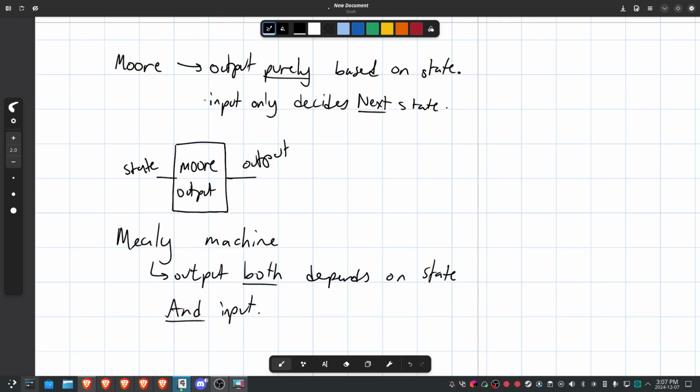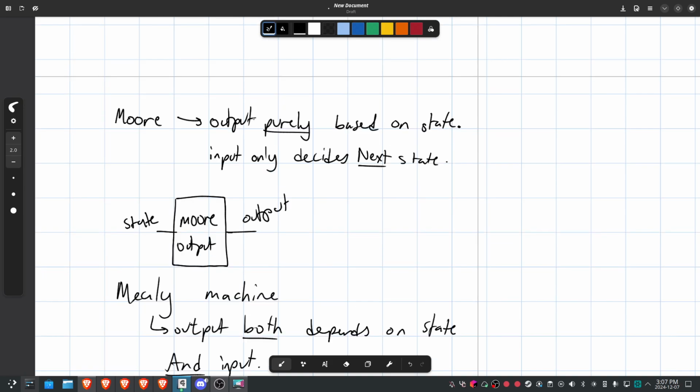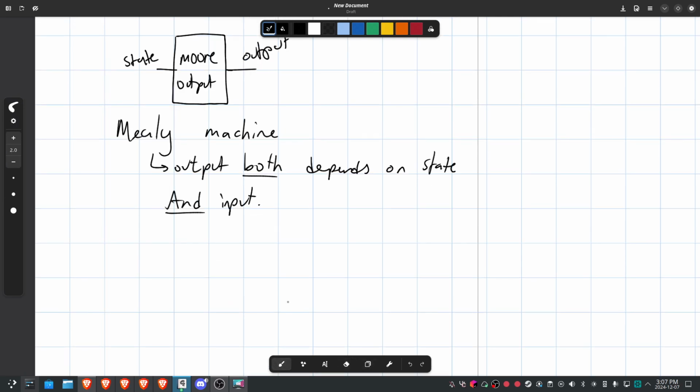So likewise, yeah, that's correct. So input only decides the next state for Moore. It doesn't affect the output. For Mealy, the input does affect it.